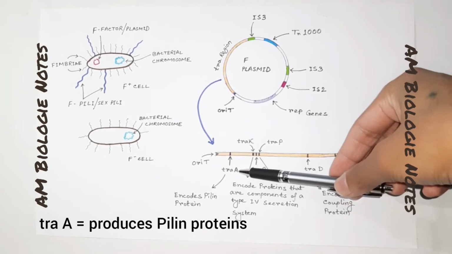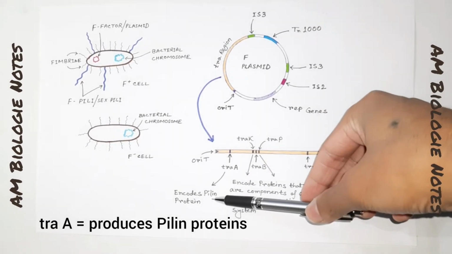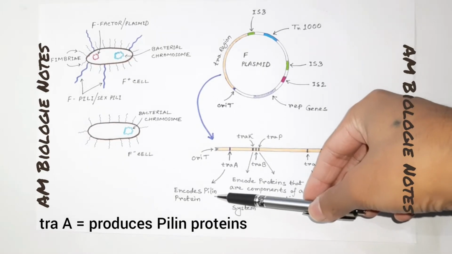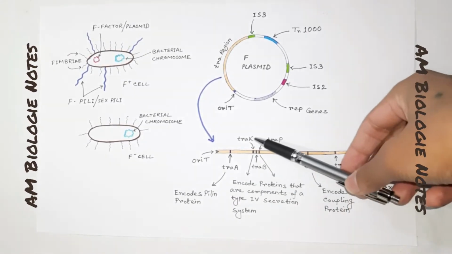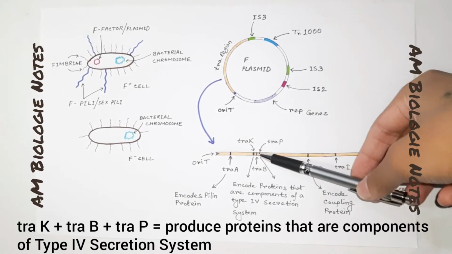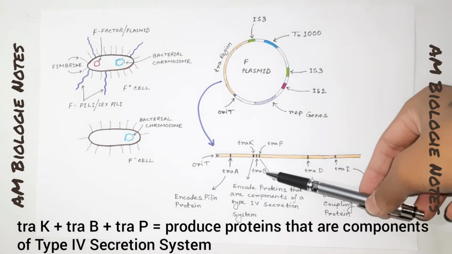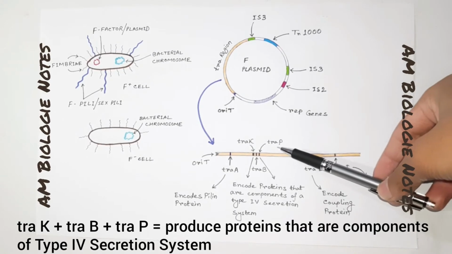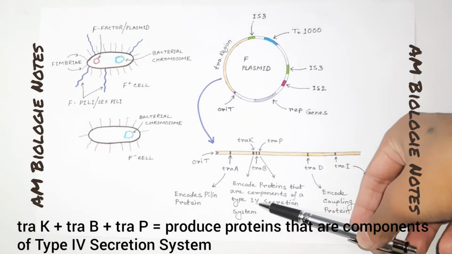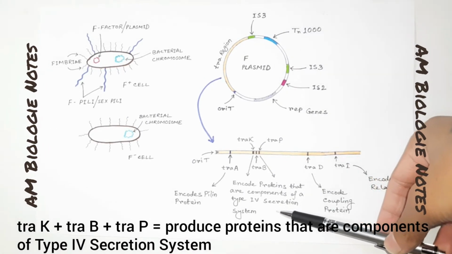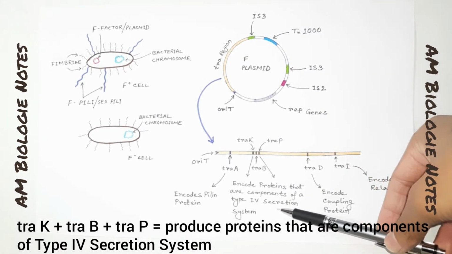This is traA gene. It helps to produce pilin proteins, which are the structural units of pili. In this region, there are three genes, traK, traB and traP. These genes produce proteins that are components of a type 4 secretion system.